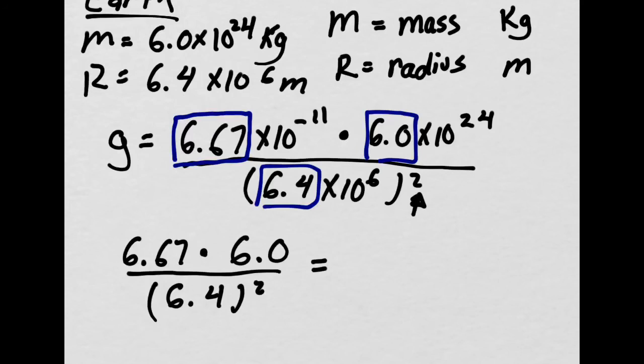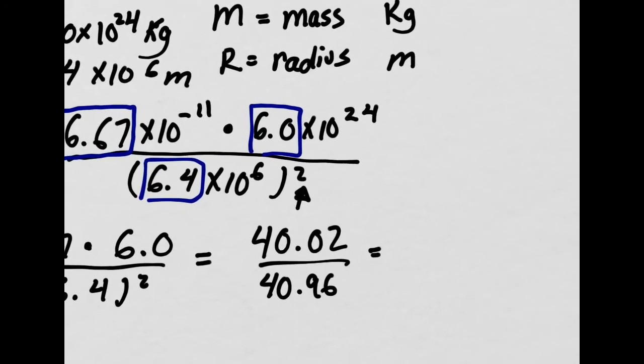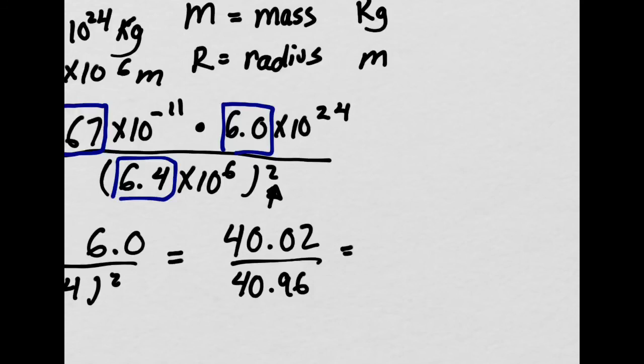So if we plug that all into our calculator, 6.67 times 6 is 40.02, and then 6.4 squared is 6.4 times 6.4, that's 40.96. So if we do that division, 40.02 divided by 40.96, rounding to two places after the decimal, we get 0.98. So that is our prefix we'll use as our answer.